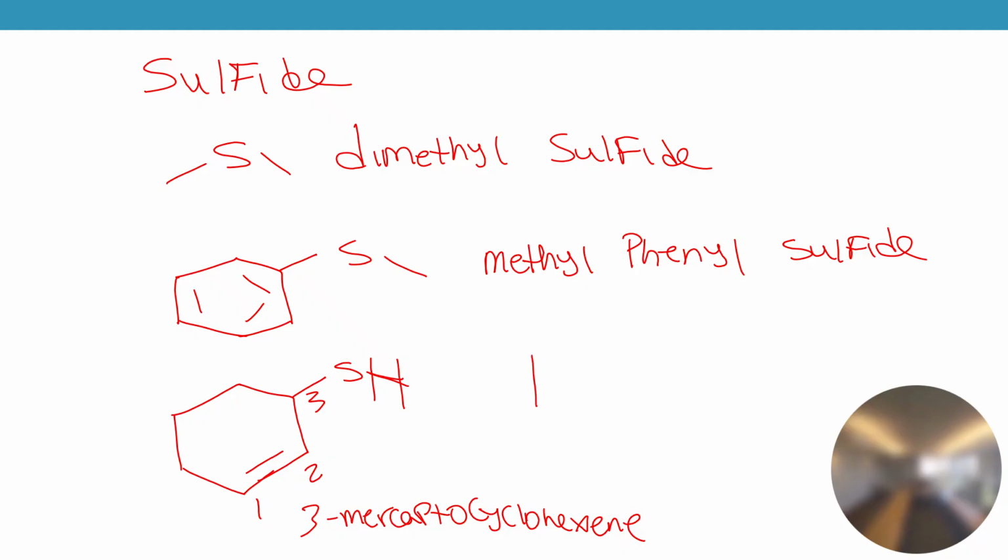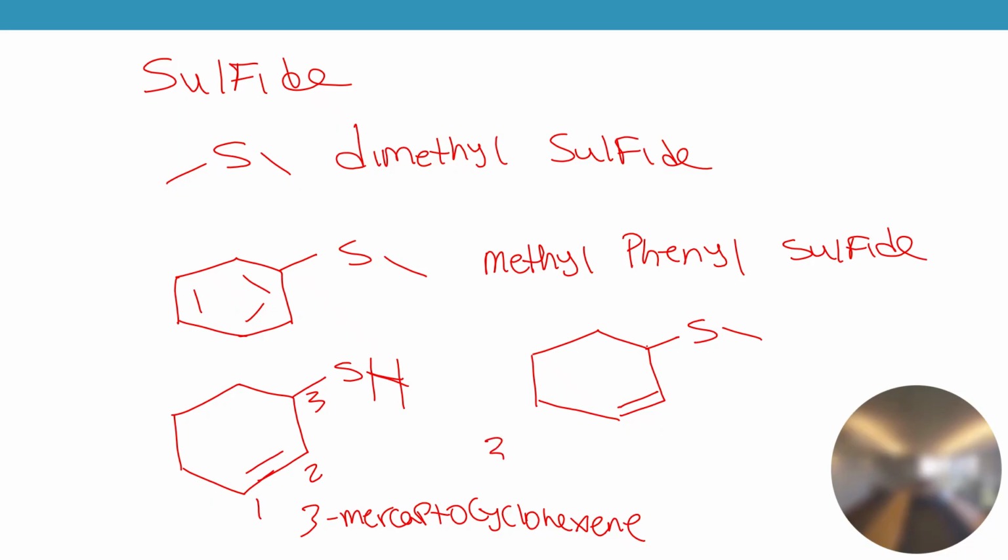Now, back to the molecule that I had drawn, which is a sulfide. Okay. The methoxy equivalent of a sulfur, I guess, would be a methyl thiol. So if this was an oxygen, this would be a methoxy, right, a 3-methoxy.